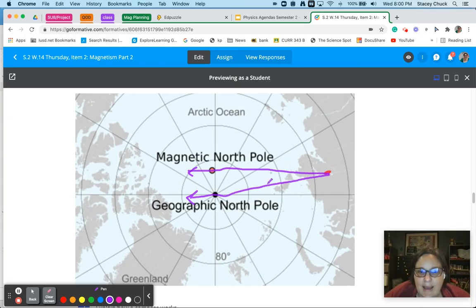So I have a problem. My angle is off, right? I have this angle of difference between where I want my compass to point, which is the geographic North Pole, and where it's actually pointing, the south magnetic pole or the magnetic north pole, however you want to phrase that. And there's an angle of difference there. This angle is the magnetic declination.